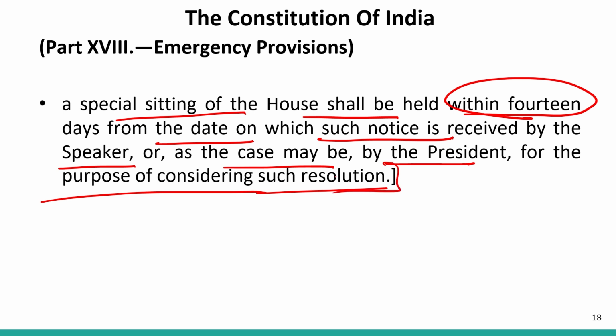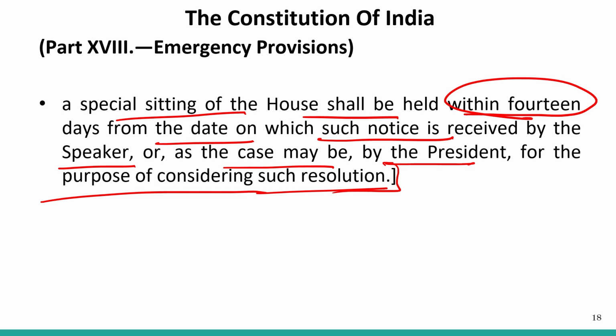So now if the lower house says that, okay, we should not continue, then immediately within 14 days the meeting needs to be held. Why? Because the emergency is continuing. So once you need to stop the emergency, what do you do? You need to ask the relevant houses to come back in the session, and then you discuss it, and then you approve or disapprove it.